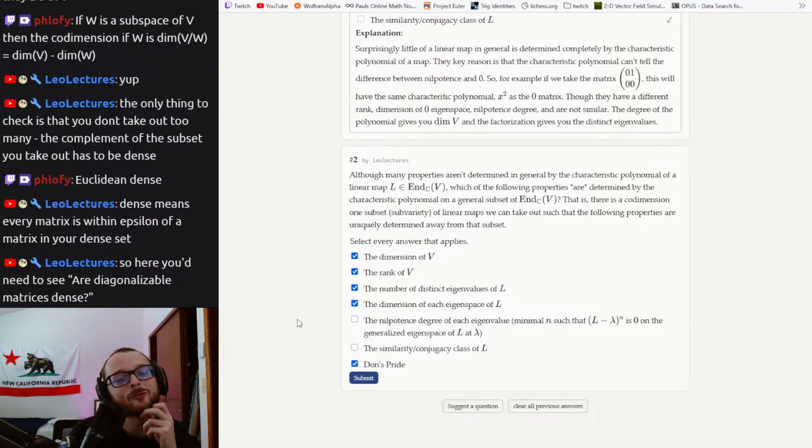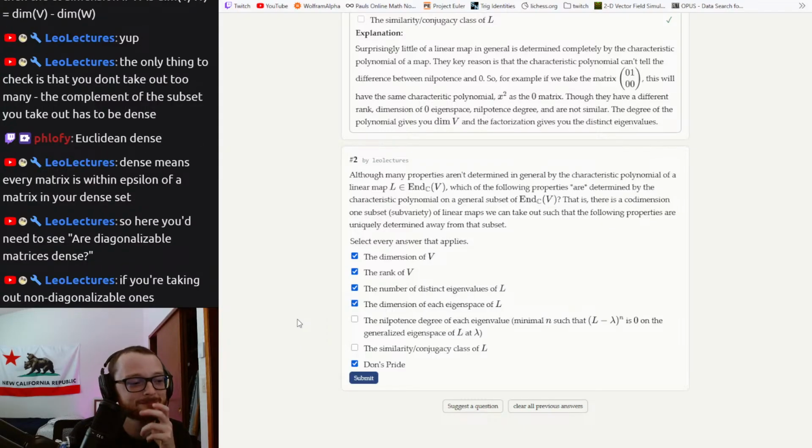Are diagonalizable matrices dense? I'm dense. Does that help? I have no clue if they're dense or not.